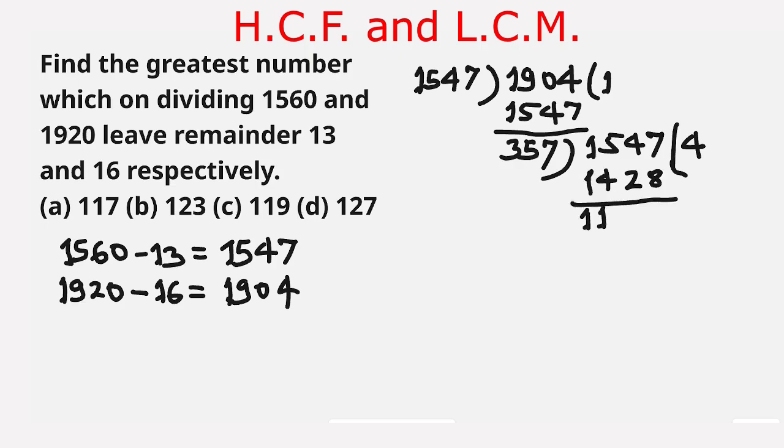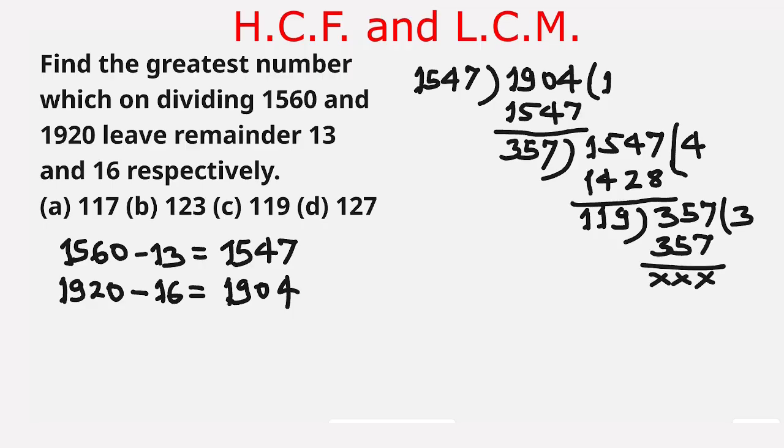On subtracting 1428 from 1547, we get 119. Now we divide 357 by 119. 119 divides 357 for 3 times, and 3 times 119 is equal to 357, and we get the remainder 0.